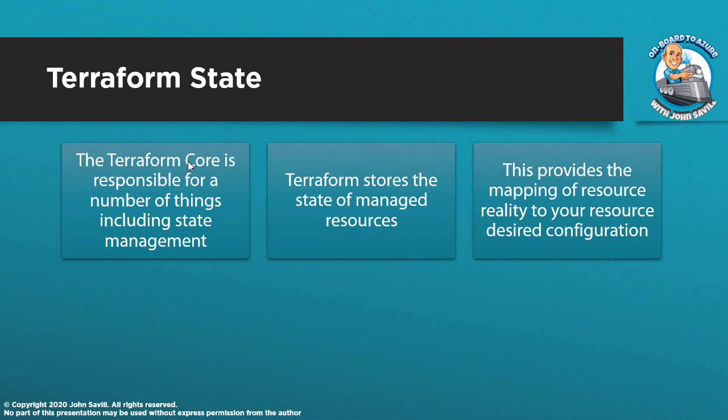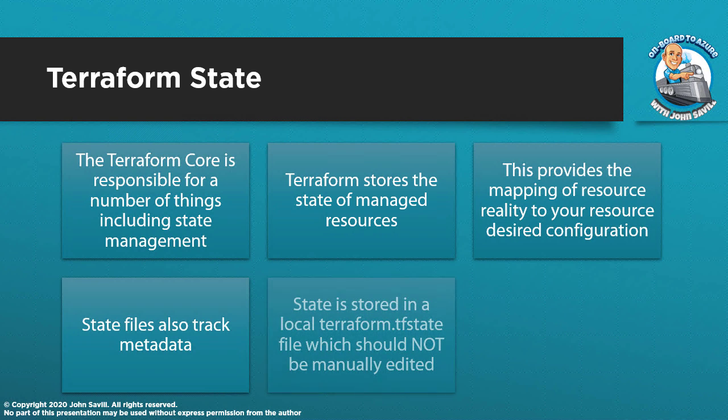So the configuration in the config files compared to what it believes is the reality. It's not scanning Azure every time I do a plan or apply. It's tracking it in that state file. So it's super important I really don't mess with it outside of there. Now those state files also track any kind of metadata that could be Terraform specific. Now that terraform.tfstate should not be manually edited.